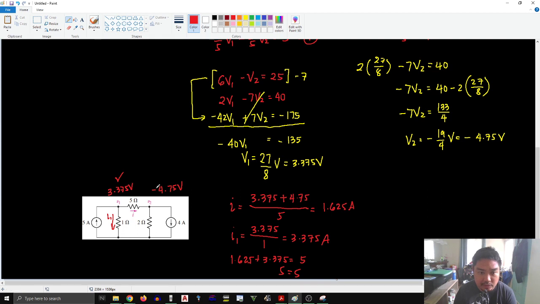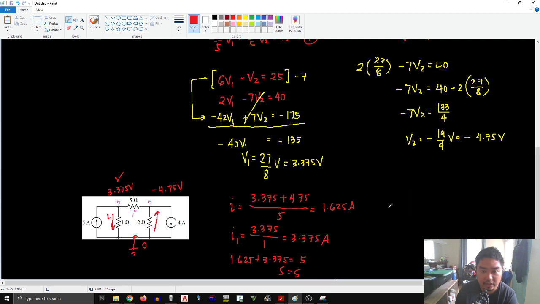How about the other one? Negative 4.75. We know that I is 1.625 amperes, and let us assume this to be going down. No, actually not, because we represent this as ground. So 0 and negative 4.75, and 0 is greater than negative 4.75. So therefore, it is positive to negative, going up.